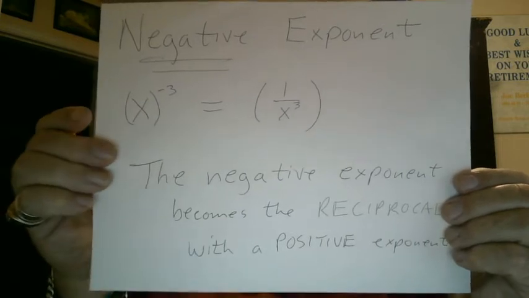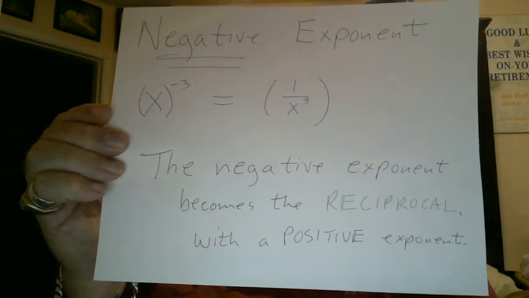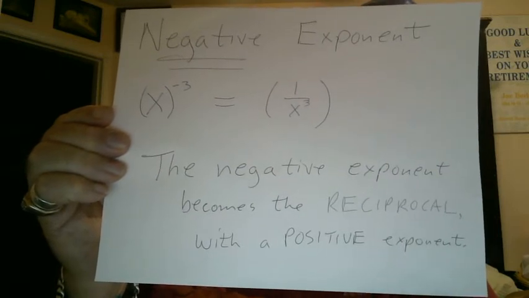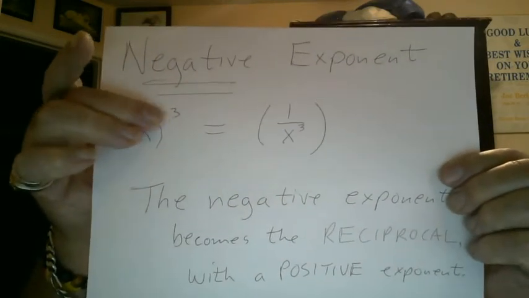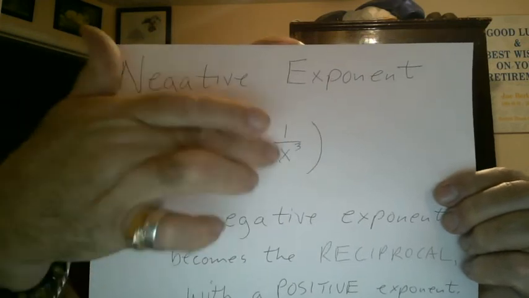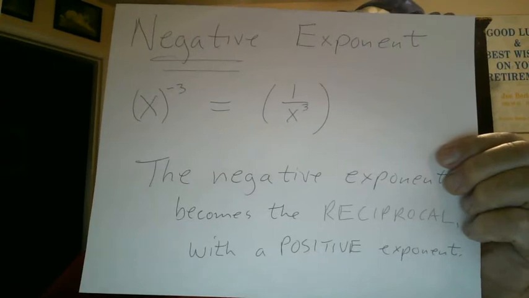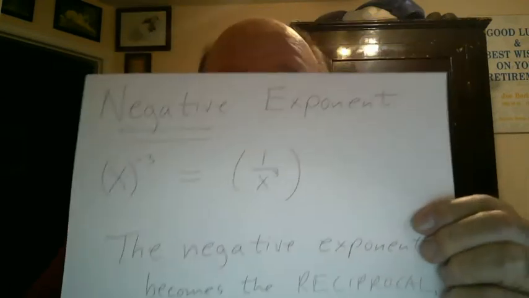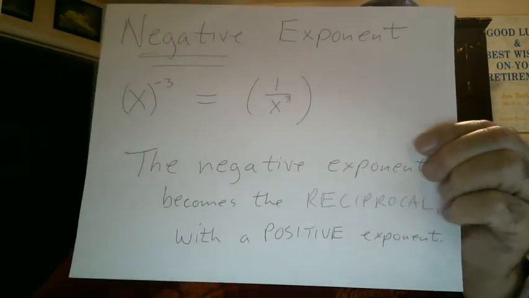So x to the negative third, you flip it, it becomes 1 over x to the third power. So the negative exponent becomes the reciprocal with a positive exponent.